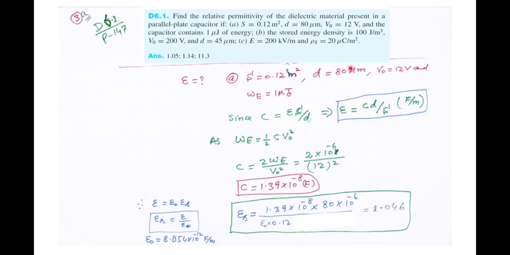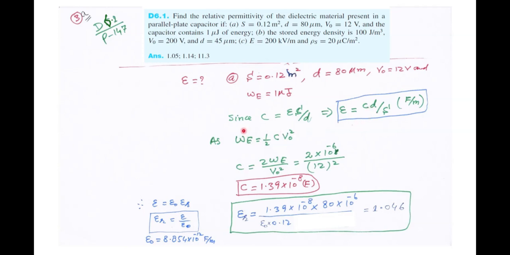So using this given data, and as we know that the capacitance is equal to epsilon times S divided by d, rearranging this expression, we can define the permittivity of the insulating material between the two conducting plates for given values of d and S. But in this relation, we don't know the value of capacitance.